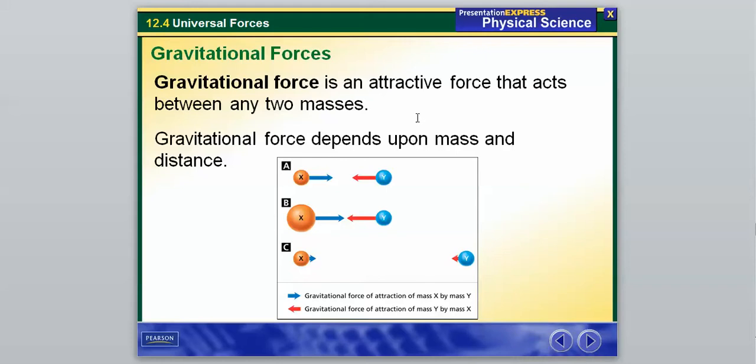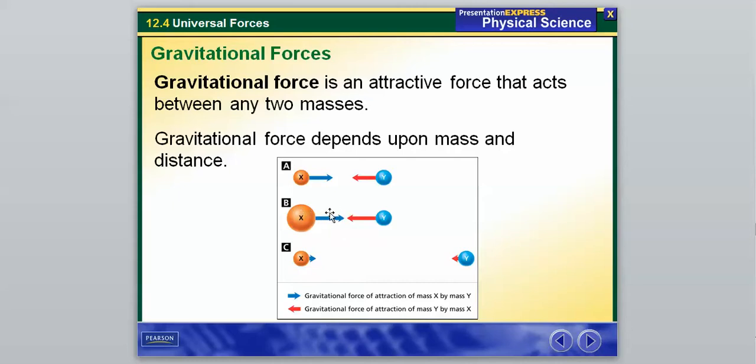So if we look down here at this example, we have object X and object Y, and they're the same mass and they are exerting a gravitational force upon one another. And then if you look here, object X is much bigger, has a greater mass than this one, now we have a longer blue arrow. And remember, the arrow is indicative of magnitude, meaning that because it's longer, there's a greater force.